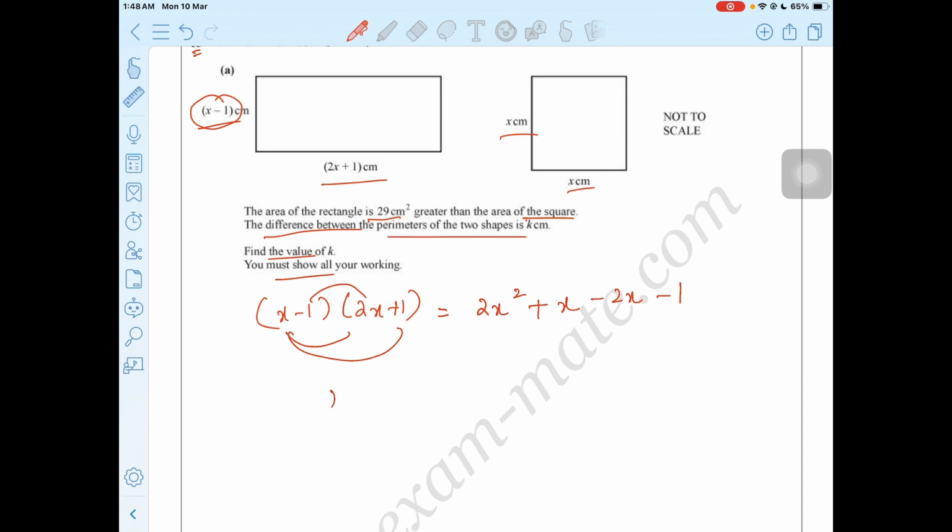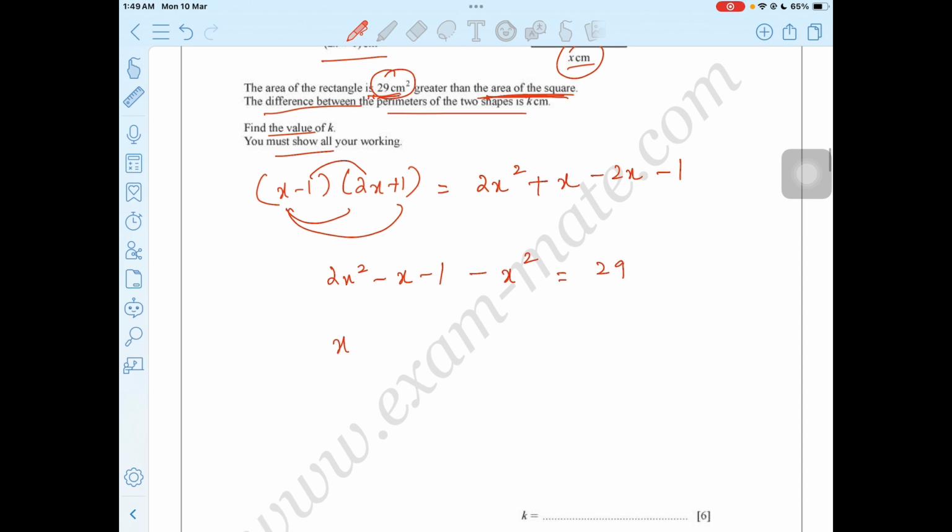So this is 2x squared, negative x, negative 1. The rectangle is greater by 29. There is a difference of 29 between the area of the square and the area of the rectangle. Area of rectangle is greater, so we subtract the area of square, that is x multiplied by x, from it to get our answer as 29.